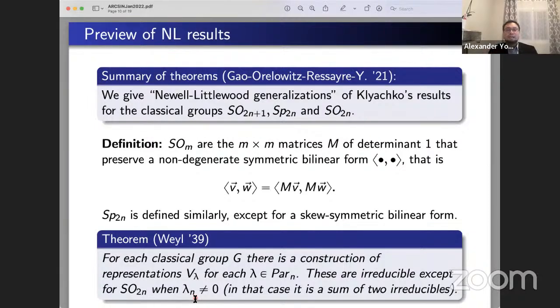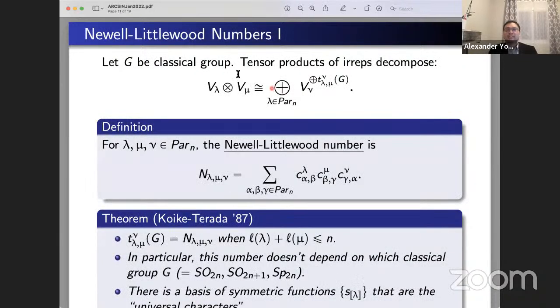Therefore, we can ask the question of tensor product multiplicity just like we did with GL_n. We can take two of these Weil modules, tensor them together, and decompose into the irreducibles, if we avoid that special case. There are some numbers T_{λμν}, T for tensor, that we would like to study.